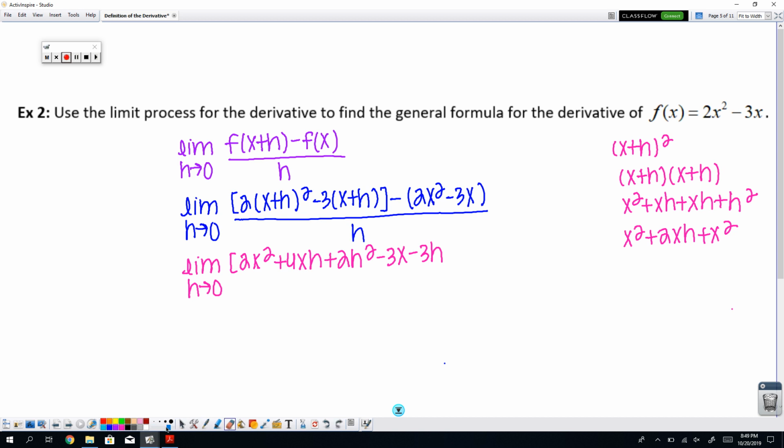I'm probably going to actually drop this already. Might as well just bring it all together. So we have minus 2x squared plus 3x. So it's all about distributing correctly. All over h.